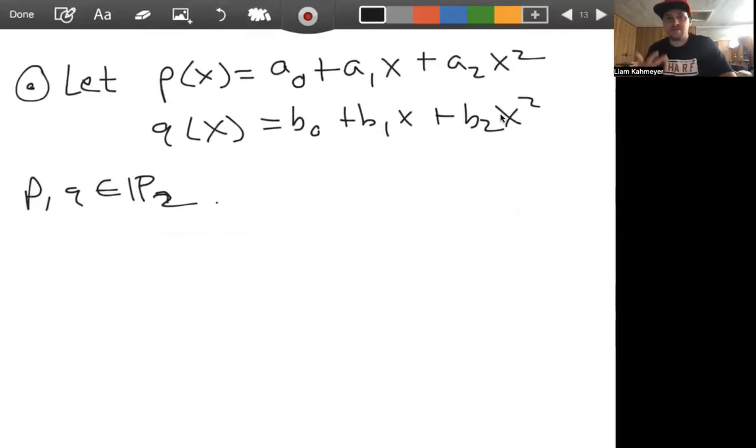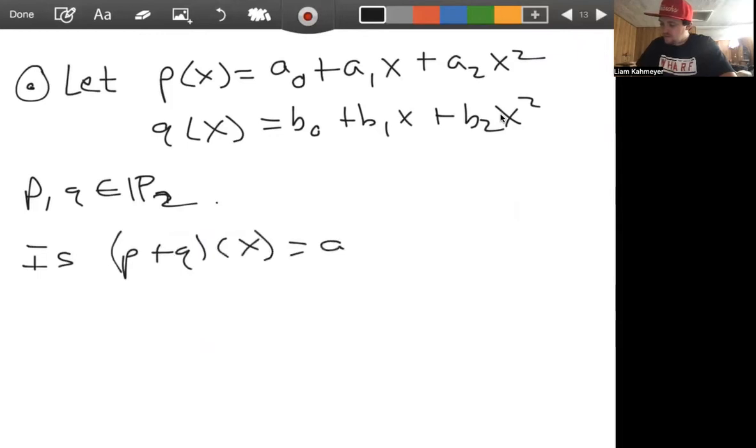We need to show that the sum (p plus q)(x) is equal to a plus bx plus cx squared for some a, b, c, right? That's the question.